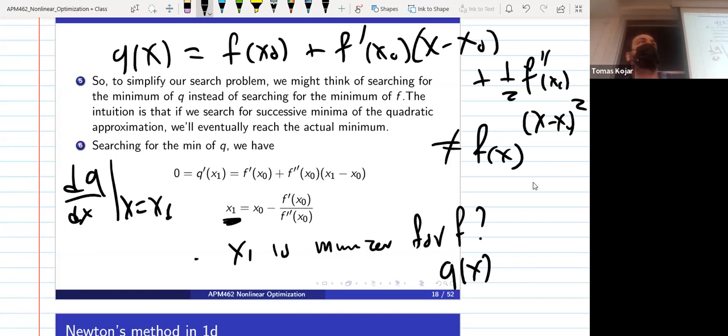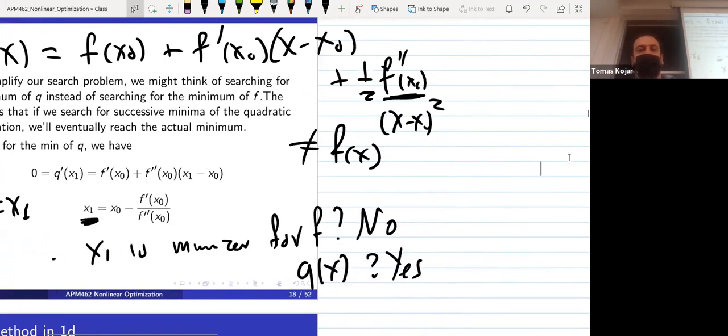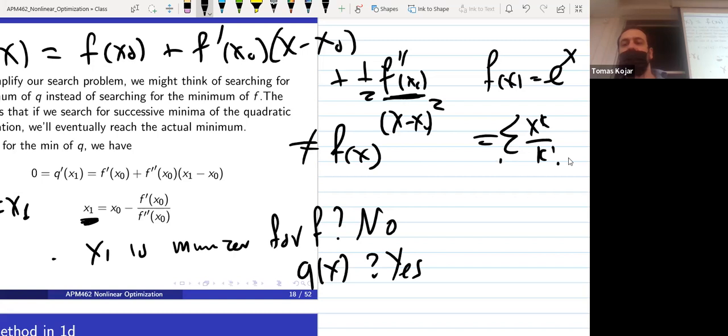You understand? Now, if you add more terms, because this is the second order approximation, then yes. For example, f of x would be e to the x, which is equal to a summation of x^k over k factorial. So you have infinitely many polynomial terms, but this only goes up to 2. So of course it's not f, right?